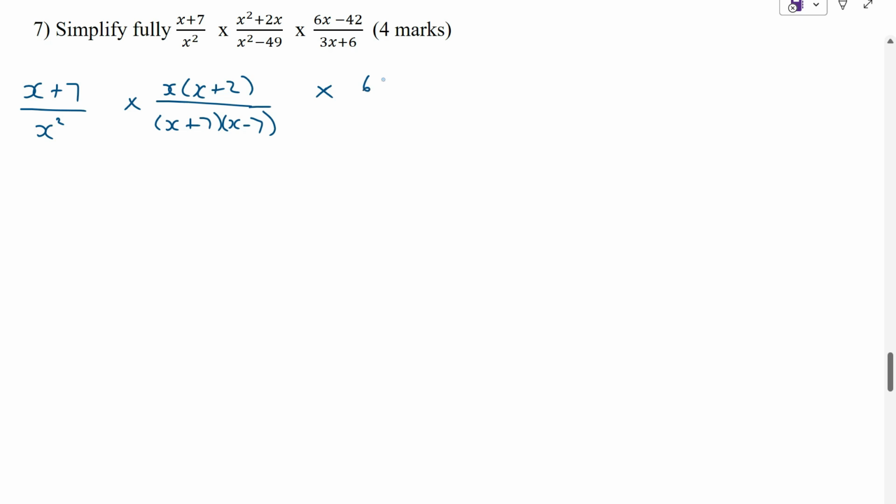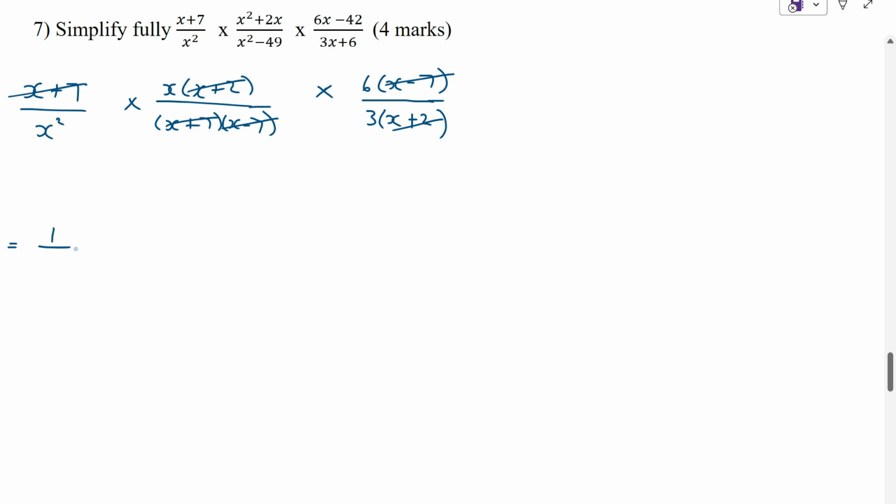Take out 6 as a common factor, x minus 7. For the denominator, we'll take out 3 as a common factor, x plus 2. Okay, so we can see straight away x plus 2, they cancel out. x minus 7, x minus 7, x plus 7, x plus 7. So this leaves us with some more simple fractions.